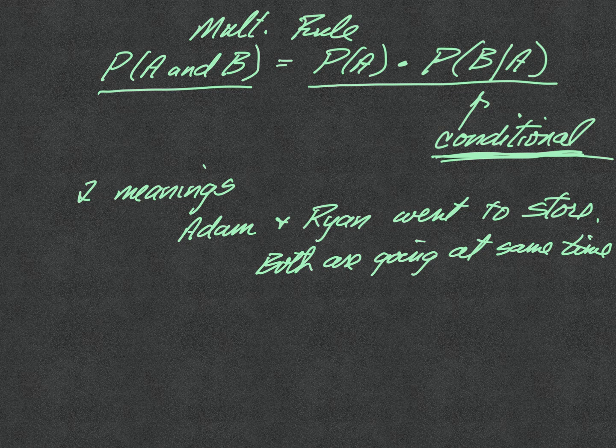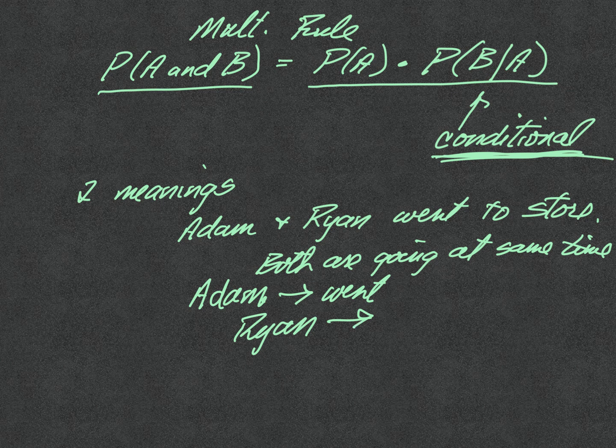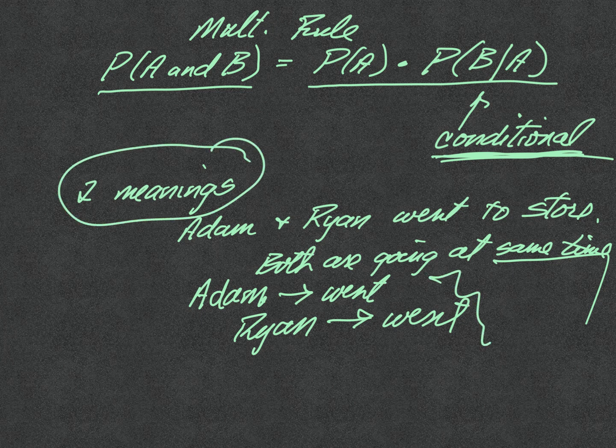And what it means in that context is that maybe on Monday, Adam went, and then on Wednesday, Ryan went. So you can still say Adam and Ryan went to the store, but you have this sort of sequencing, that one of the things occurs and then the next thing occurs. All right? So both at the same time, or one occurring and then the next one occurring. So that's the meanings of A and B.